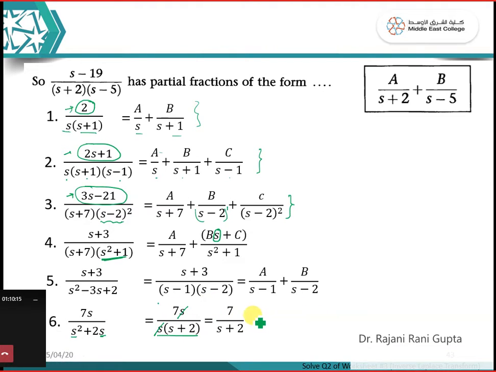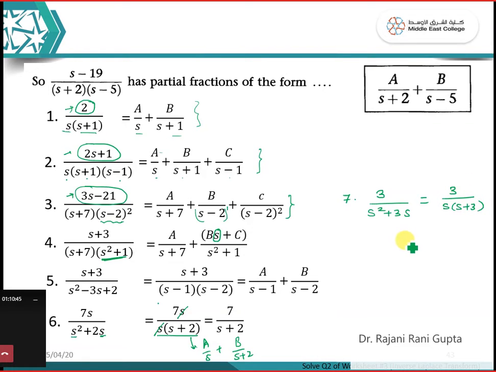So see, some questions can be tricky like this. It's okay, you can even write a over s plus b over s plus 2 and start working. But why go for that when you can simply cancel it? On the other hand, if you are getting a term like 3 over s square plus 3s, then you can write it as 3 over s into s plus 3.